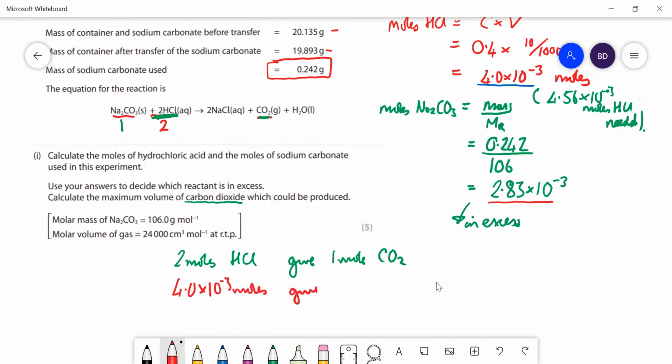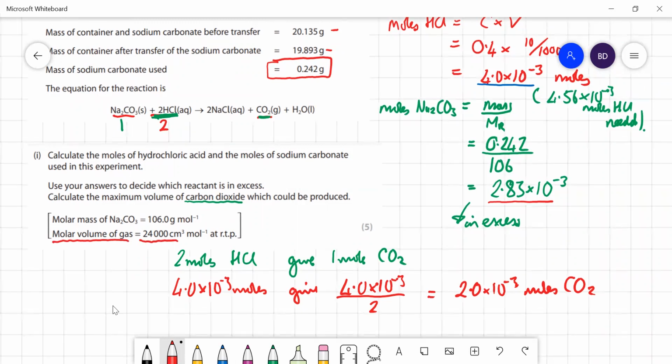That will give 4 times 10 to the minus 3 divided by 2, which is equal to 2.0 times 10 to the minus 3 moles CO2. Right, so we know the number of moles, so now we can work out the volume, because we know the volume of 1 mole is 24,000 centimeters cubed.